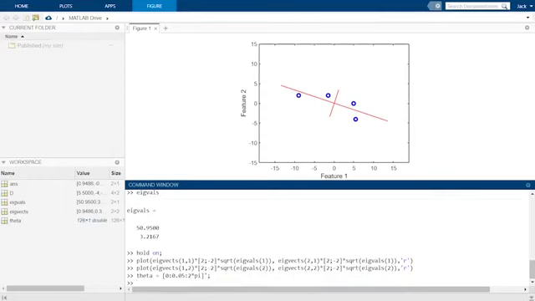First, the x-coordinates in ellipse x will be the radius, 2 times the square root of eigenvalue 1, multiplied by the x-direction component for the long axis vector, which is the x-coordinate of eigenvector 1, multiplied by cosine of theta.